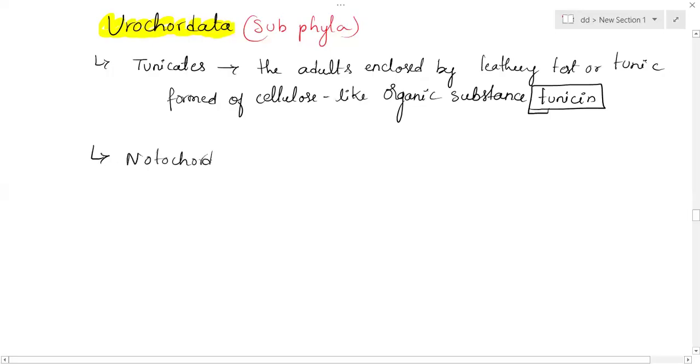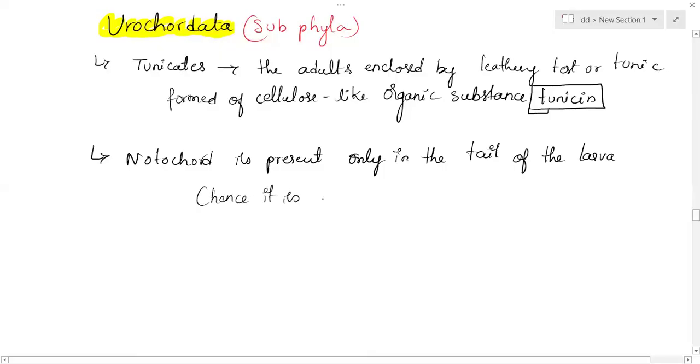It is present only in the larval stage, meaning the early stage of development, but when it becomes an adult, it disappears.